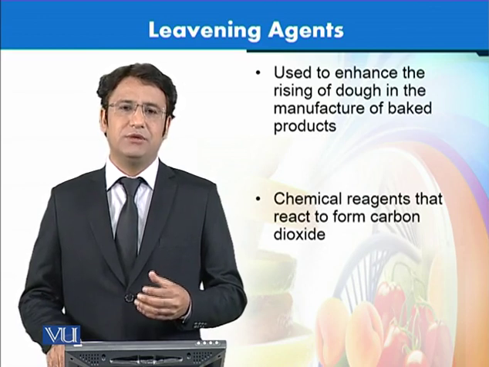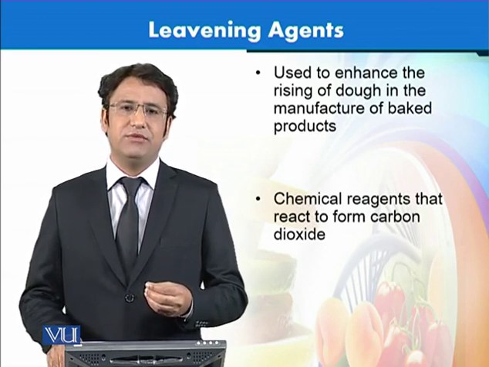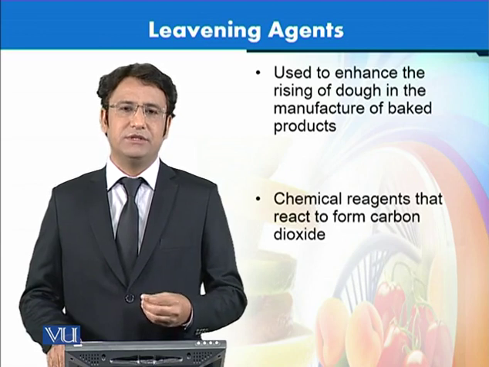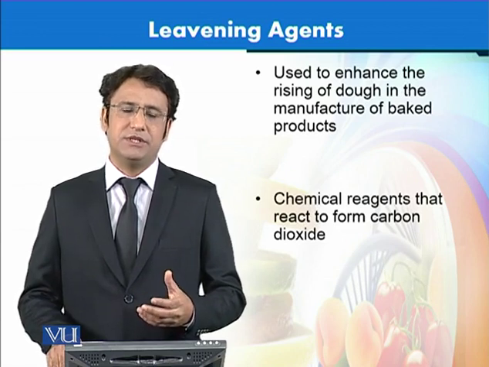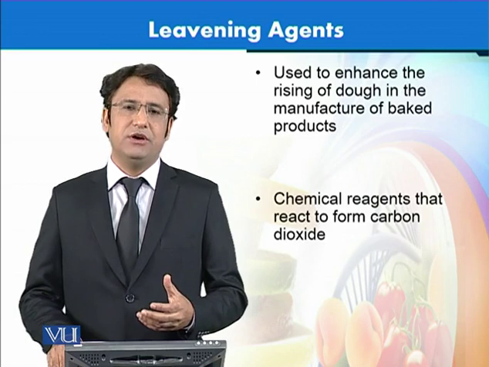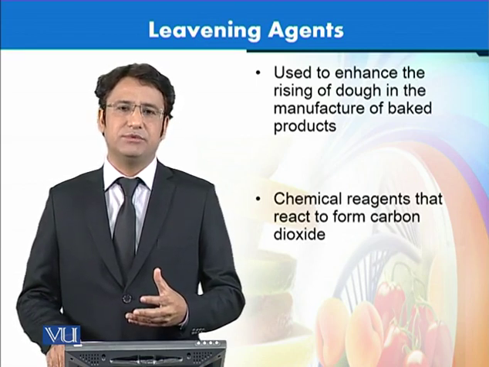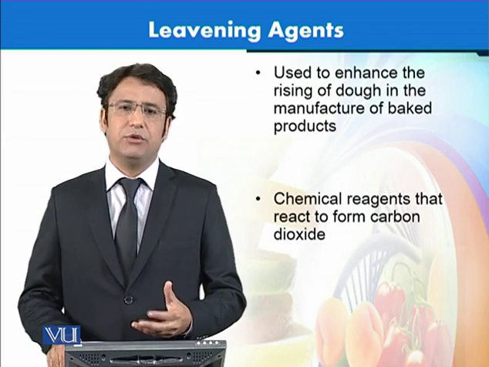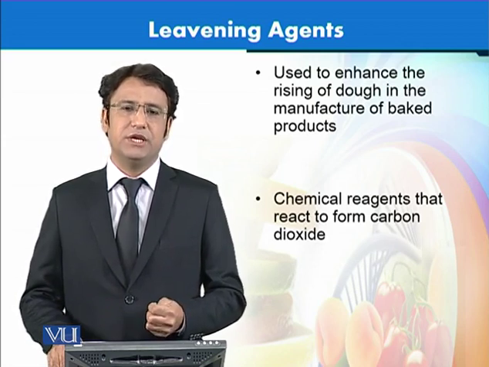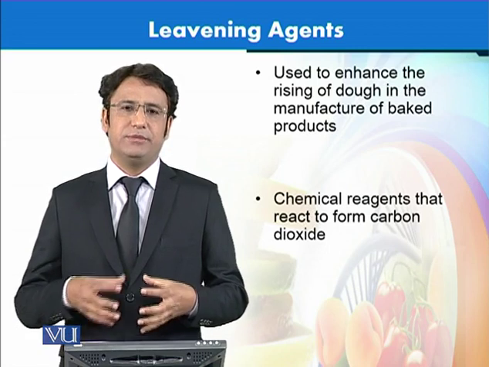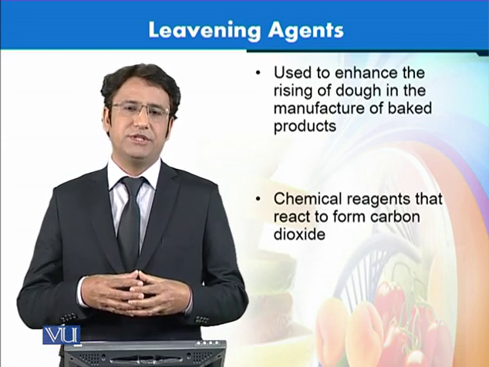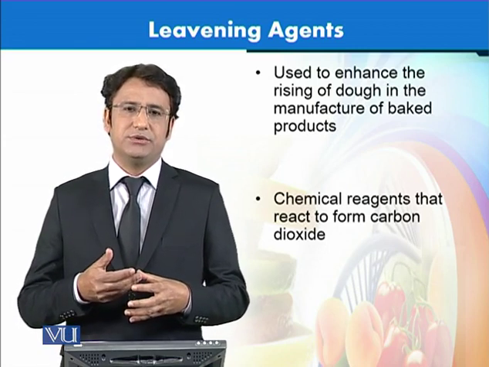And once we have developed this gluten network and we add some of the leavening agents, it may be yeast, as I said, the biological leavening agent, or maybe a chemical material such as sodium carbonate or baking soda or baking powder that we routinely use in our kitchens. So this leavening agent would produce carbon dioxide.